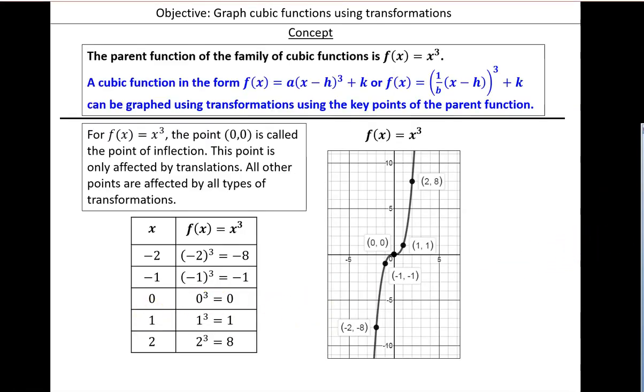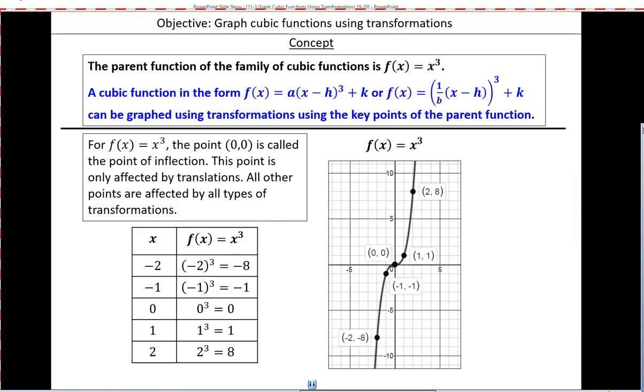So this is showing us a graph of the cubic function parent, which is f of x or y equals x cubed, and that is what we see here. All right. And the key points that we are always going to transform are shown in this particular graph, these 5 points.